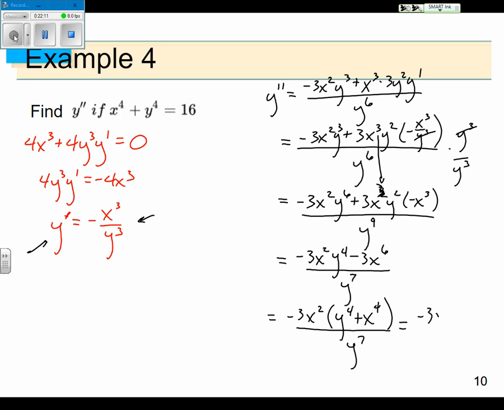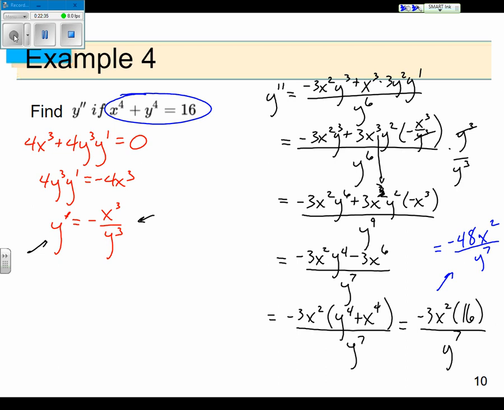I think I can go ahead and change this x to the 4th plus y to the 4th to 16. I know you're thinking, oh man, the bulb guy's lost it now. I assure you x to the 4th plus y to the 4th is equal to 16. You like that trick? So I can finally get my final answer: negative 48x squared over y to the 7th. That would be my second derivative.